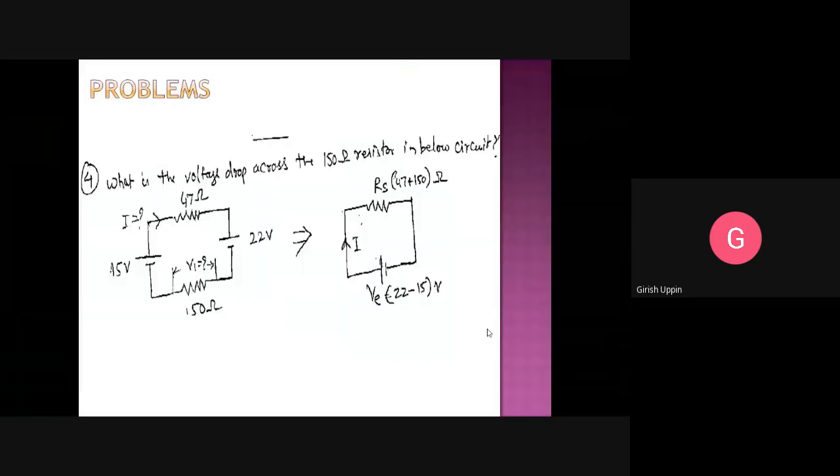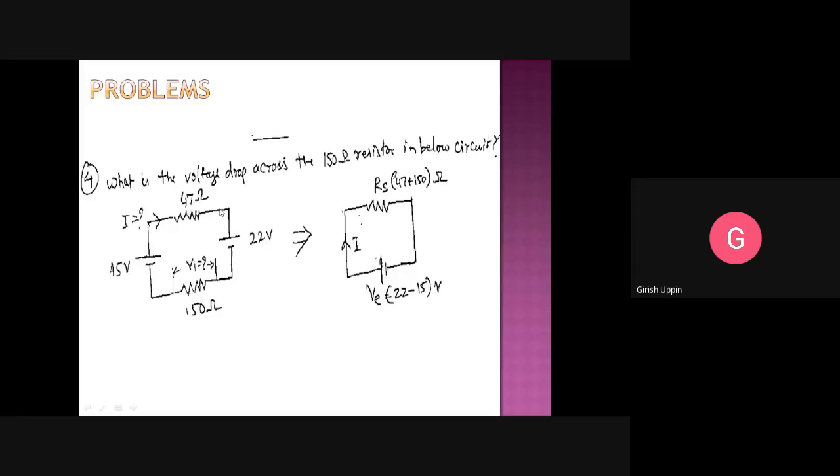Parallel, okay. So looking at this circuit diagram, it seems that they are connected in parallel, but we have to go by the principle. I told you the principle: if the same amount of current is flowing, then they are connected in series. First, don't get confused about the two voltage sources. We will come back to that.